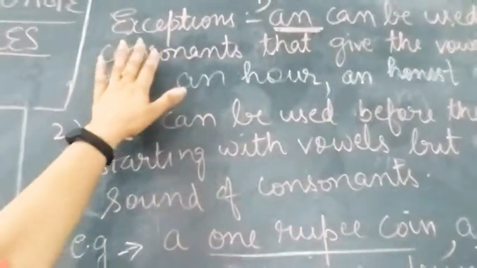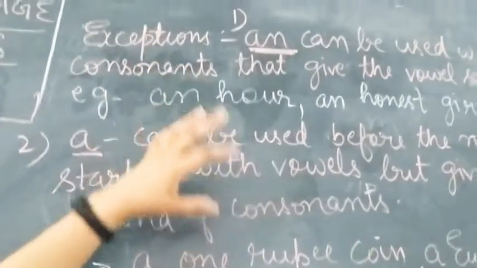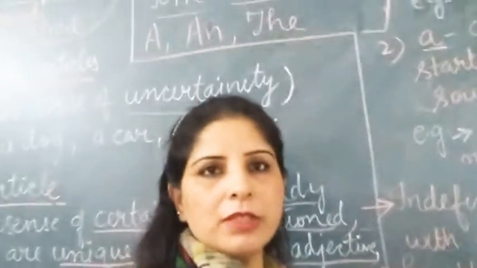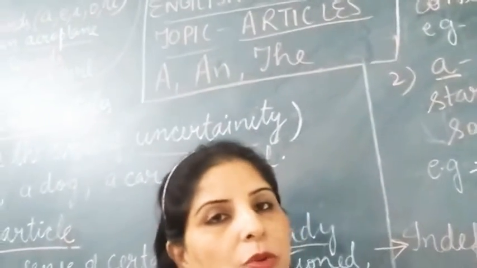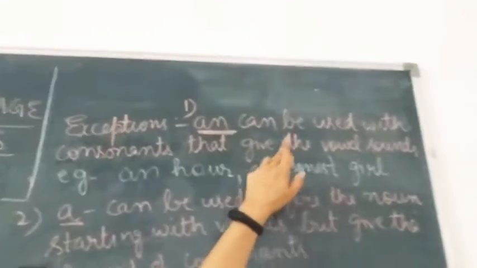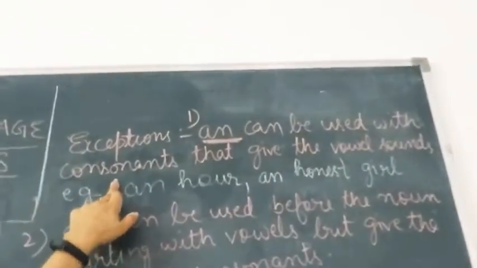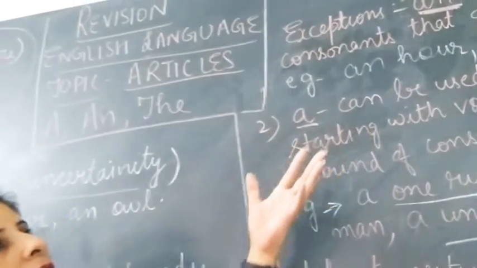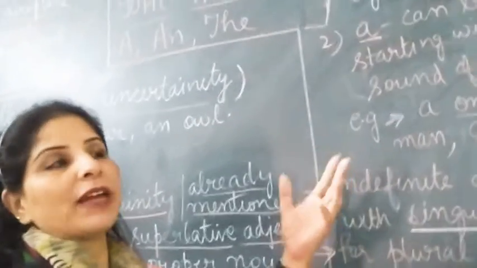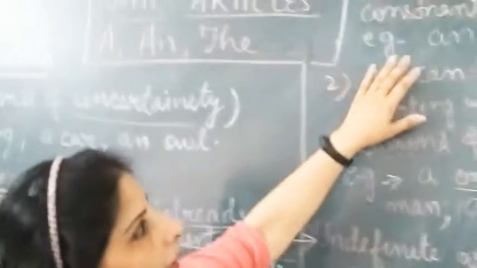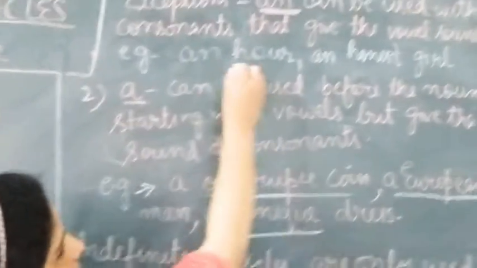Then there are a few exceptions in the usage of articles. What are those exceptions? Sometimes some consonants can give us the sound of vowels and some vowels can give us the sound of consonants. Let's see how. An can be used with the consonants that give the vowel sound. There are many such letters which are consonants, but when we pronounce them, they give us the vowel sound. For example, an hour.